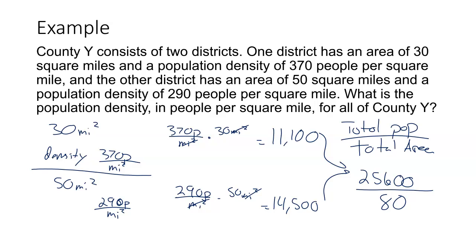And what does that give me? 360? 320. 320 people per square mile.